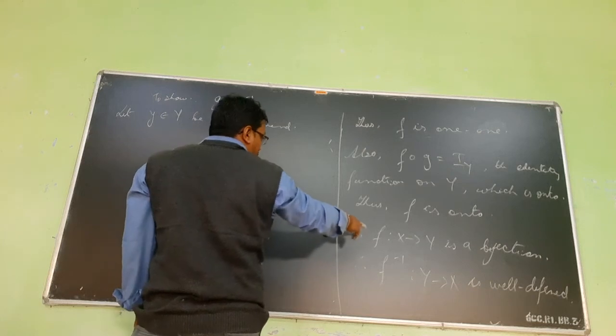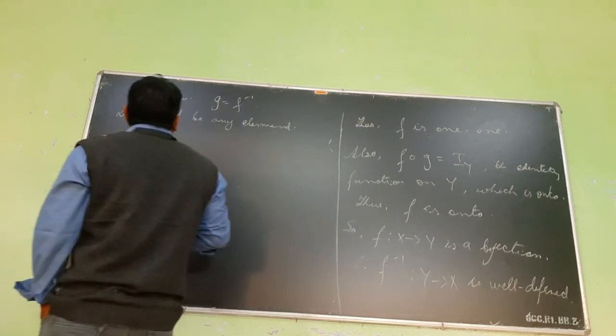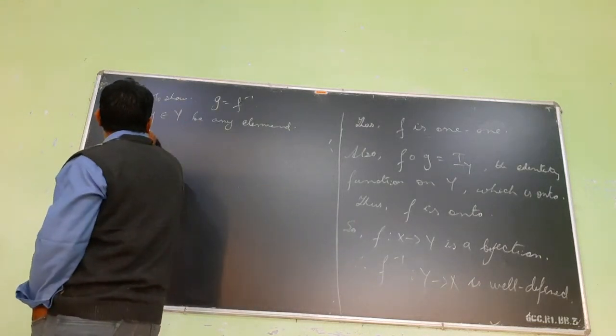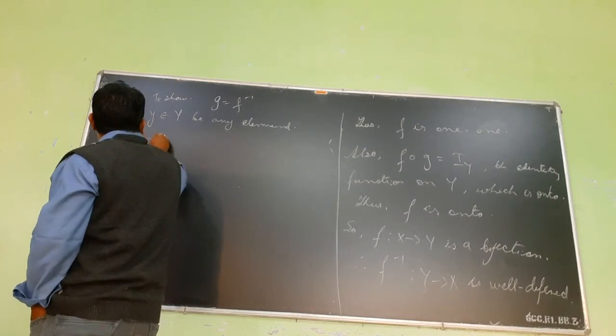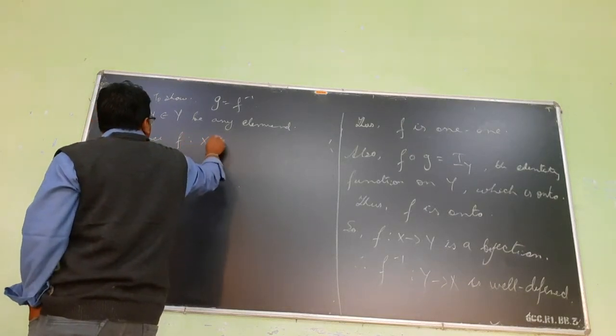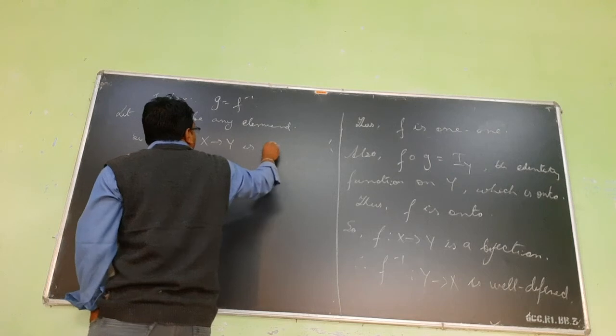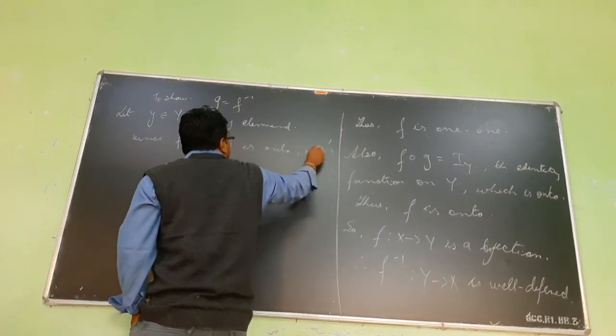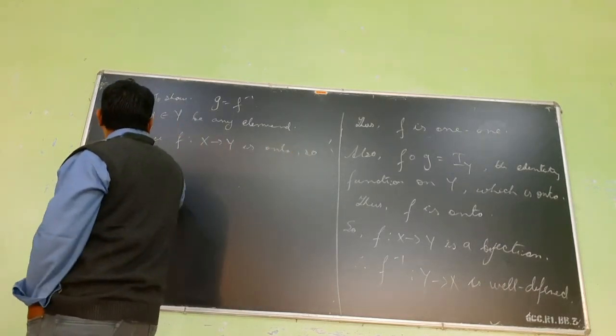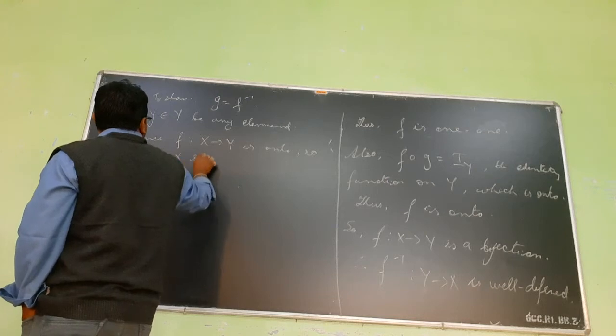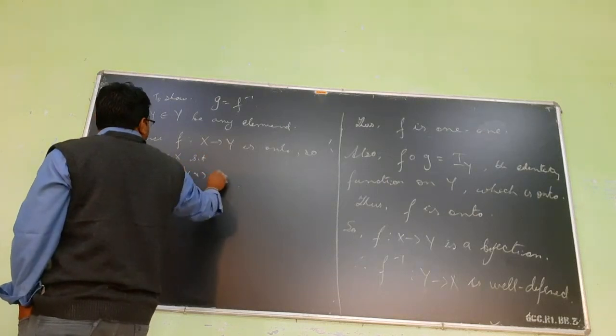This is a bijection. So since f from X to Y is onto, there exists an x inside capital X such that f(x) is actually y.